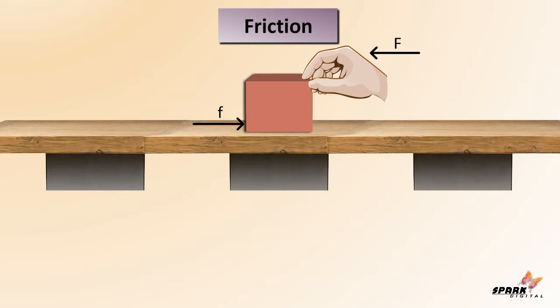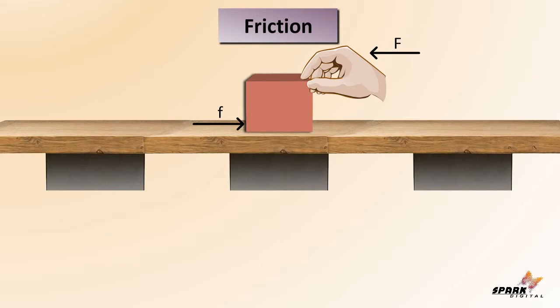Now, push the block a little harder. Still, the block does not move, as the force of friction increases so as to become equal and opposite to the applied force. Thus, the force of friction has a remarkable property of adjusting its magnitude so as to become exactly equal to the applied force tending to produce motion.